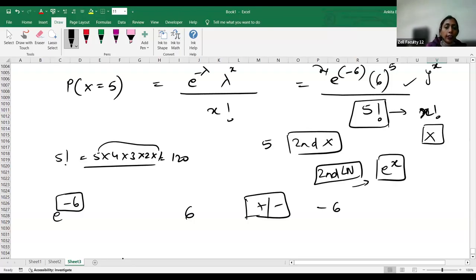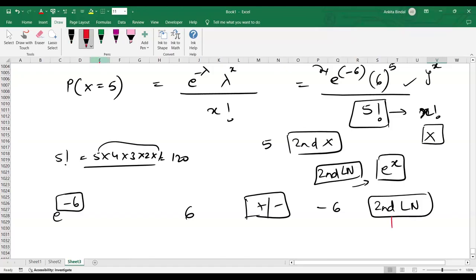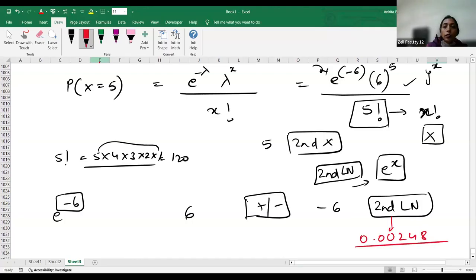Now, to use the e to the power x function, press second and ln. How much are you getting? 0.00248, if you have up to 5 decimal places. So this is how you get e to the power of minus 6.